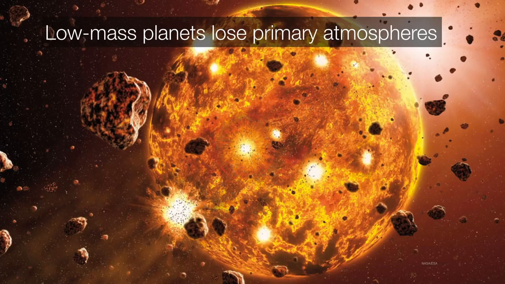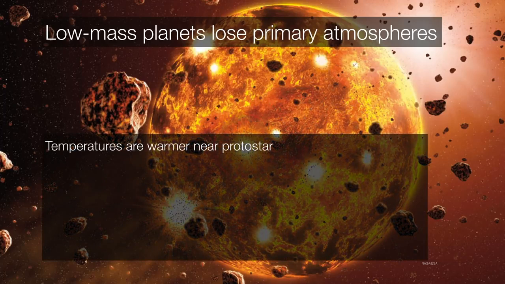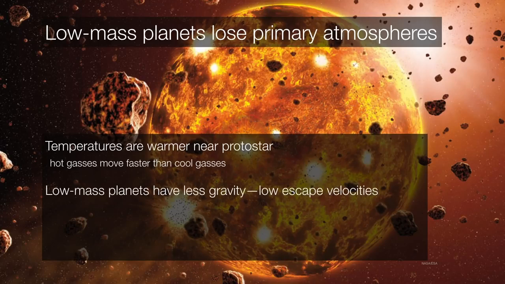They are unable to hold on to those primary atmospheres. Remember, the temperatures are much warmer near the protostar, or in this case, the protosun, and hot gases are going to always move faster than cold gases. So if you have a low-mass planet with low-mass gases, they can easily achieve escape velocity from those gases.